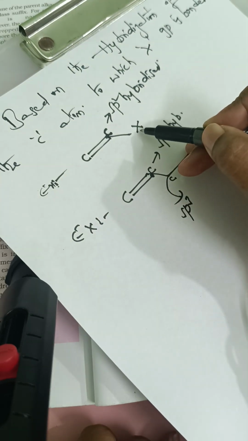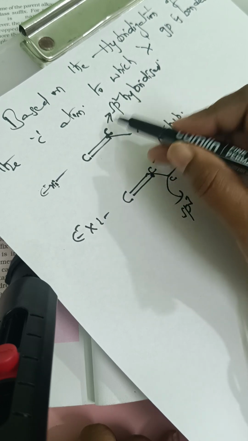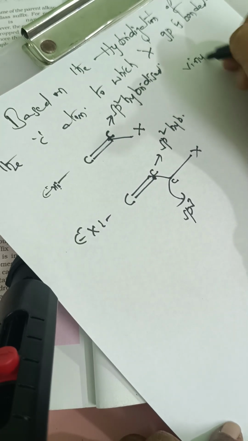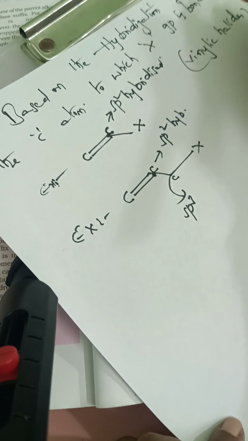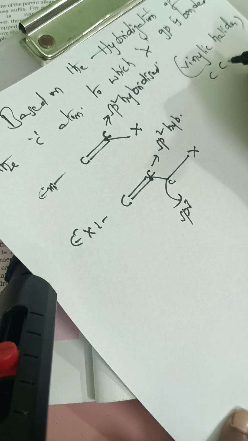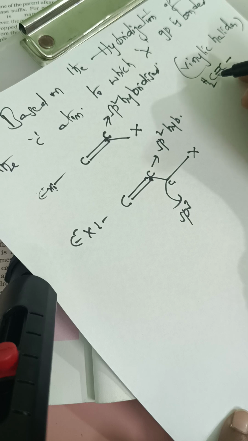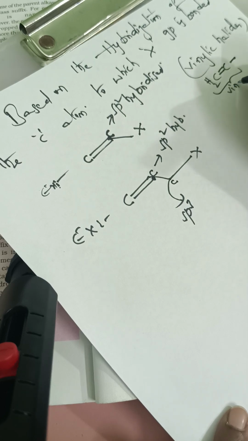When halogen is bonded to an sp2 hybridized carbon, these haloalkanes are called vinylic halides. Vinyl is nothing but two carbons having a double bond and one linkage. This is CH2 double bond C and one linkage, so this group is called vinyl.